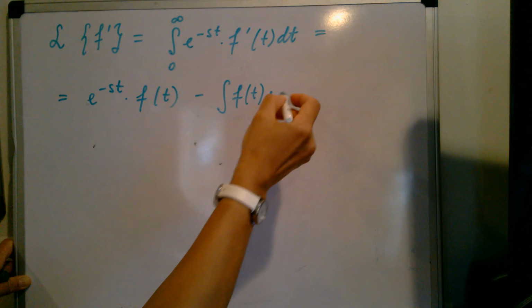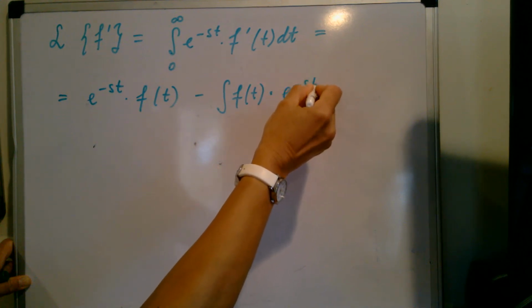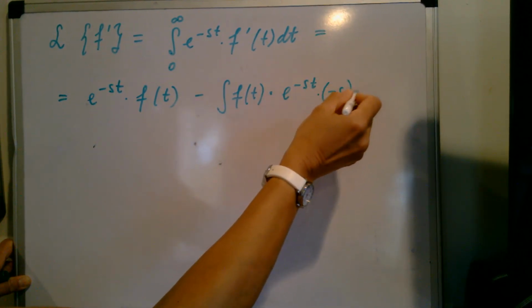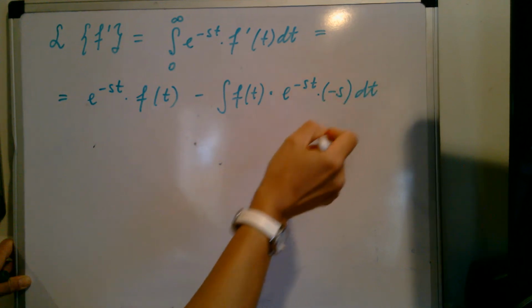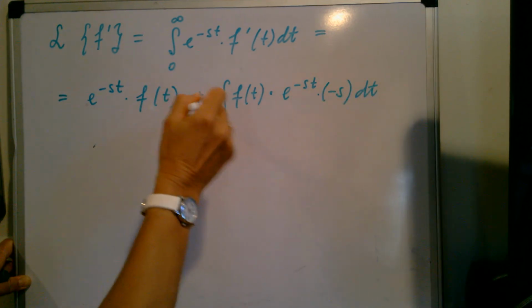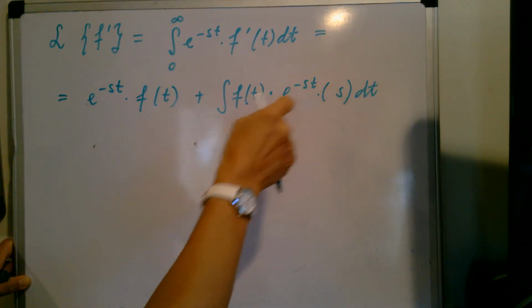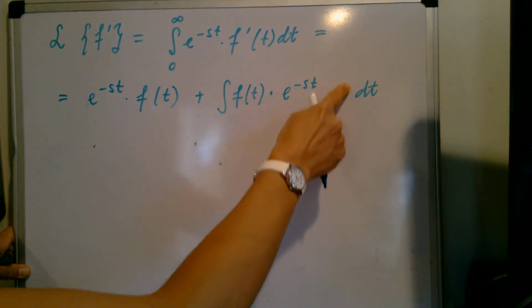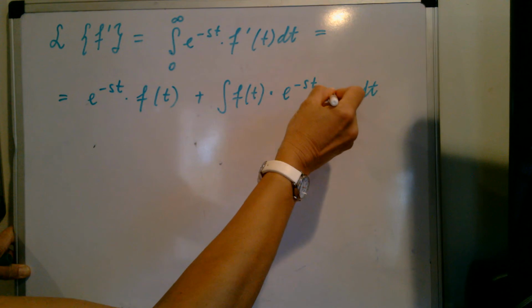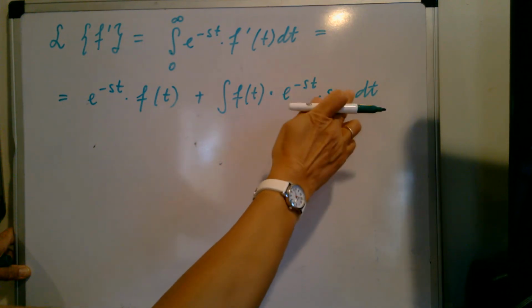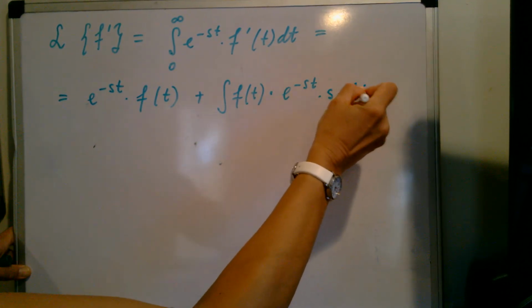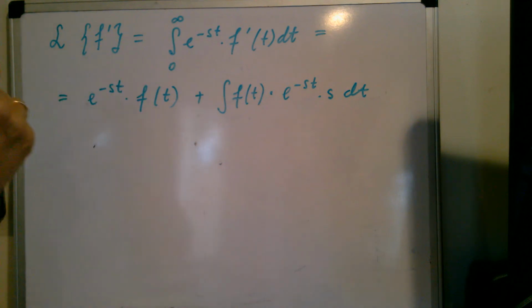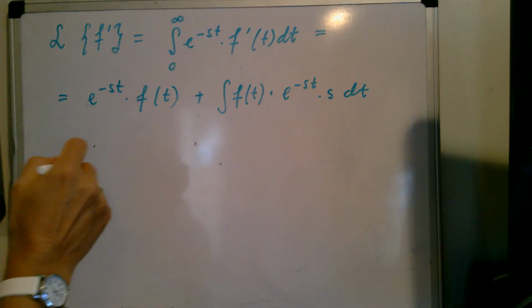Well, derivative of this is e to the power of negative st multiplied by negative s, right? And dt. I'm going to put plus here and eliminate this minus. And maybe I should eliminate also parentheses, because why do we need parentheses if there is no minus now? Well, that's going to be the integral, dt, and we are going to take this integral from 0 to infinity, right?